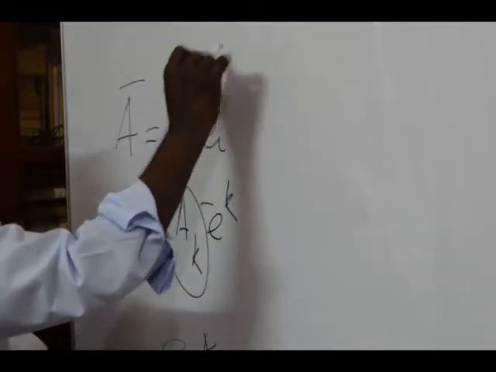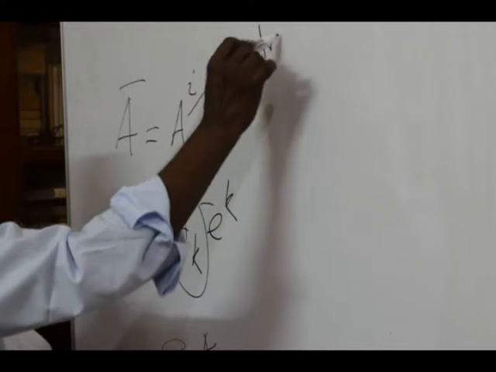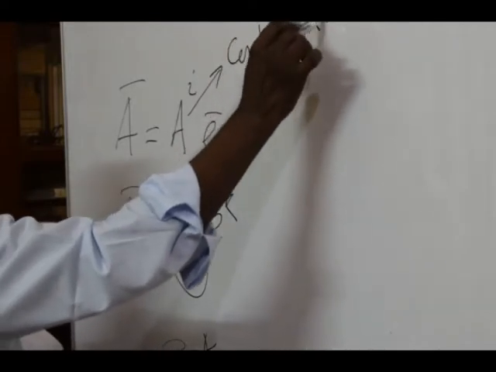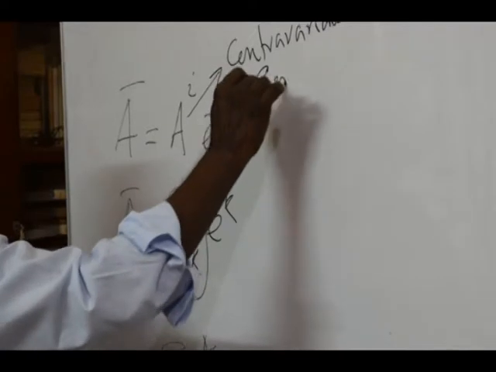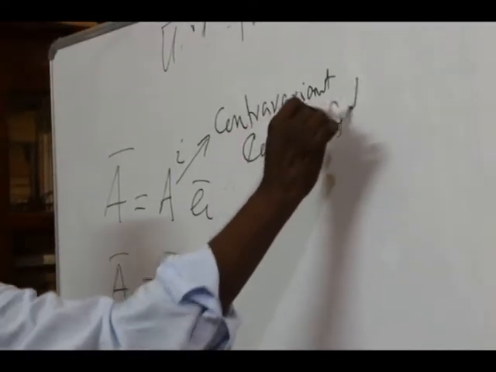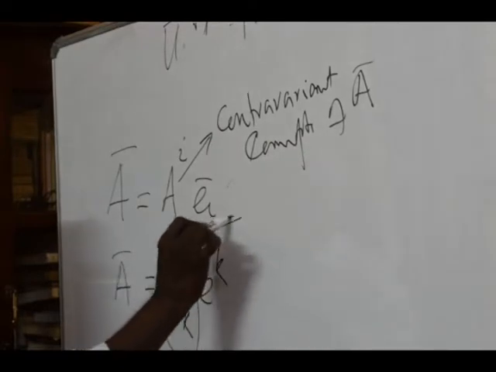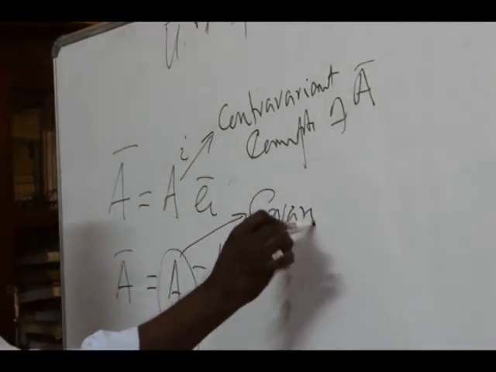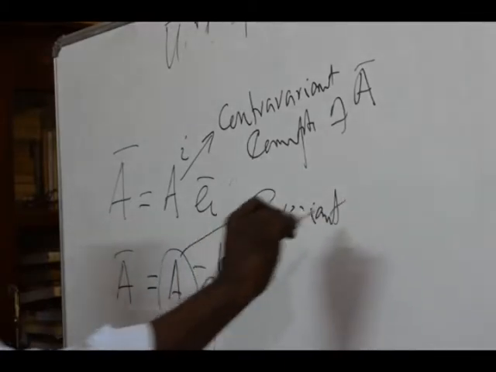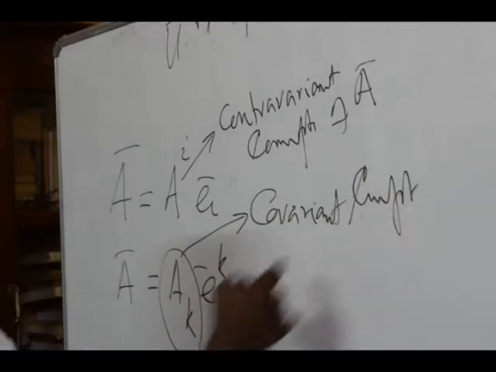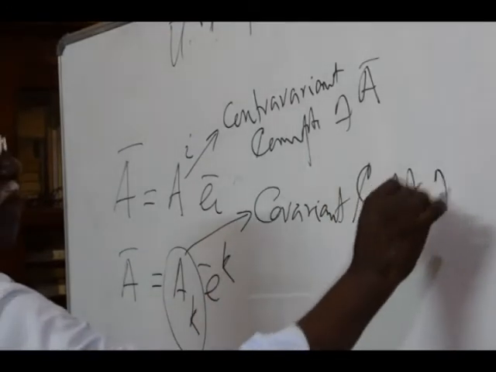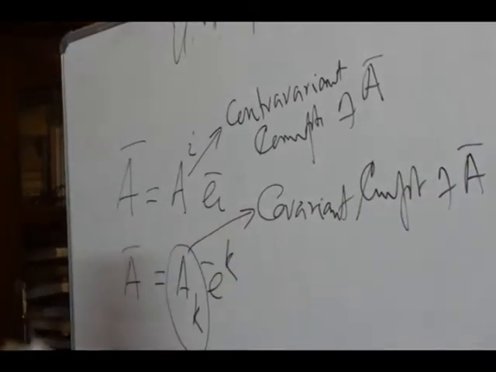This we called the contravariant components of vector A, and this we called the covariant components. Only a single vector viewed from two different bases, Ei and its dual basis: contravariant components and covariant components.